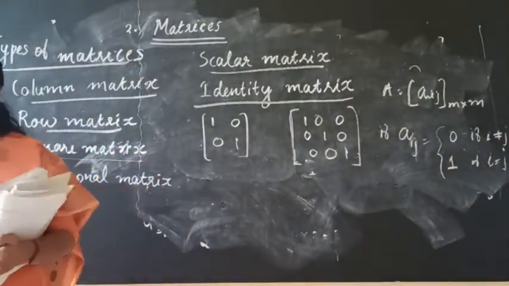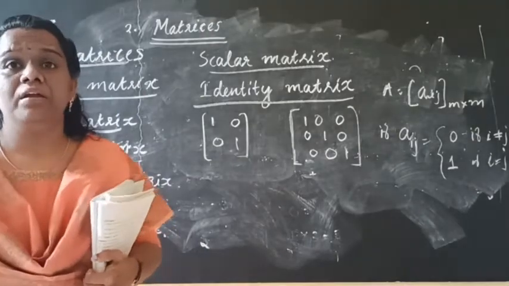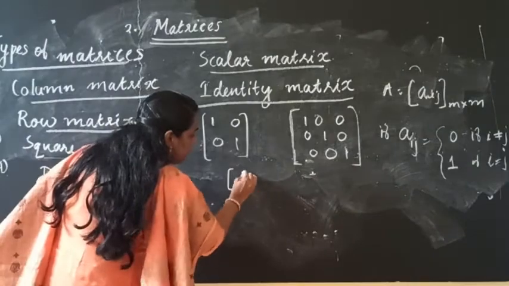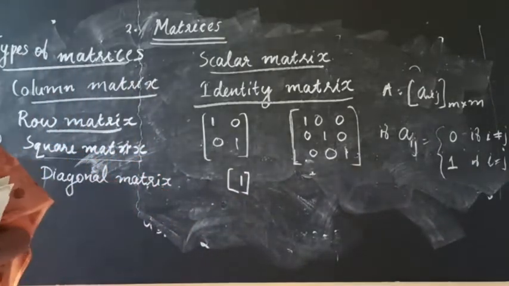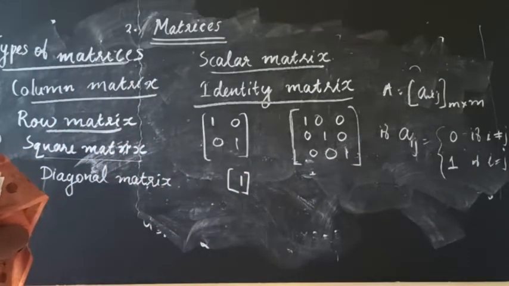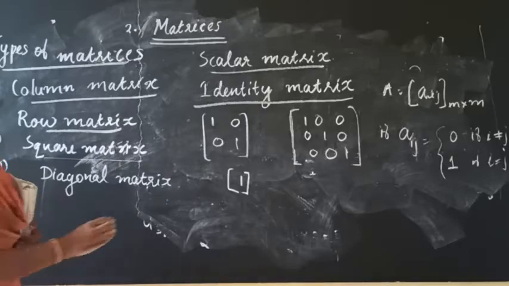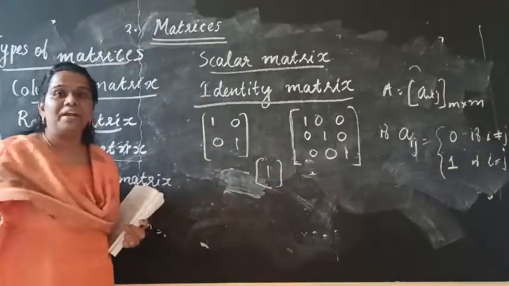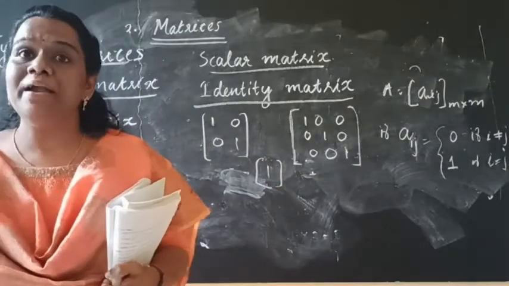Can we write an identity matrix of order 1? Yes. Identity matrix of order 1: one element only, a single element. Zeros are not needed because there is only one row and only one column.